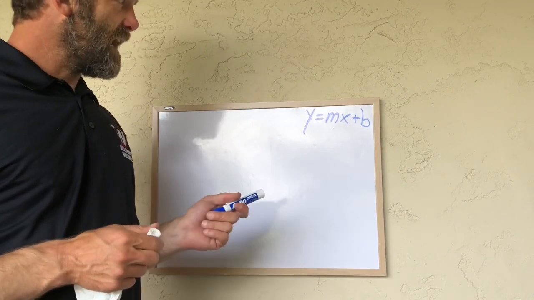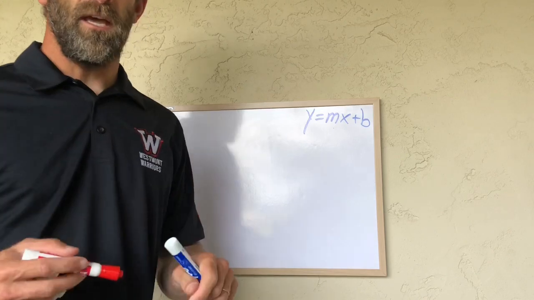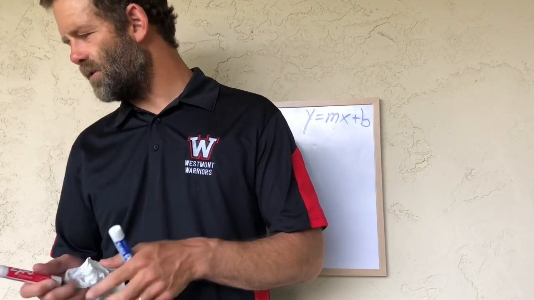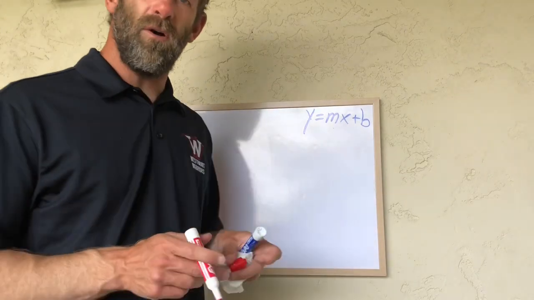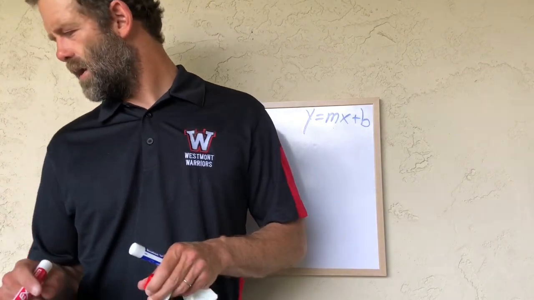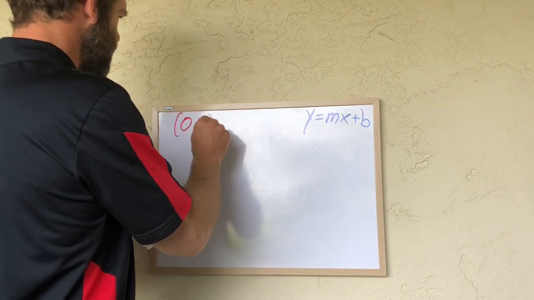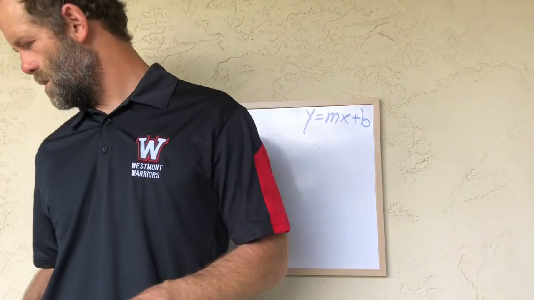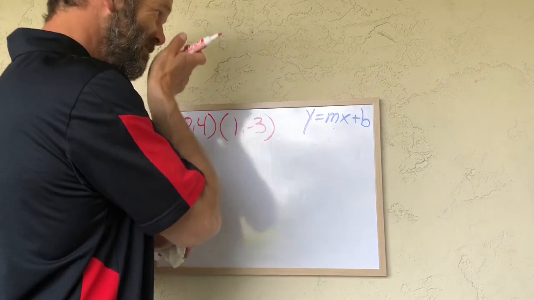The first thing I have to find is my slope. Look at the notes. It says, number 1, you have to find your slope, and you have to use the formula y2 minus y1 over x2 minus x1. It gives you the coordinates 0 and 4 and 1 and negative 3.